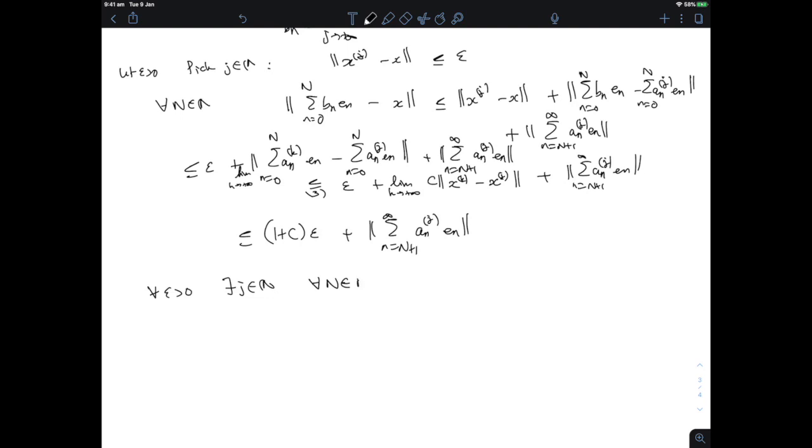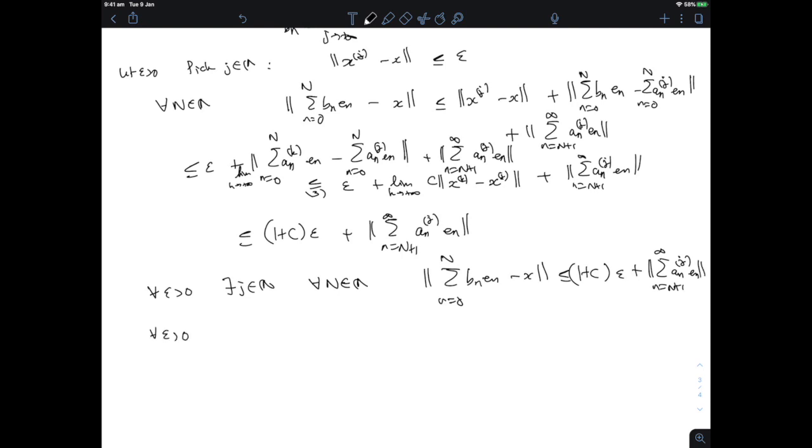such that for every N in N, the norm of the sum of Bn En, n equals 0 to capital N, minus x is smaller than 1 plus c epsilon plus the rest of that convergent series. Alright, so now you just have to pick your N large enough.